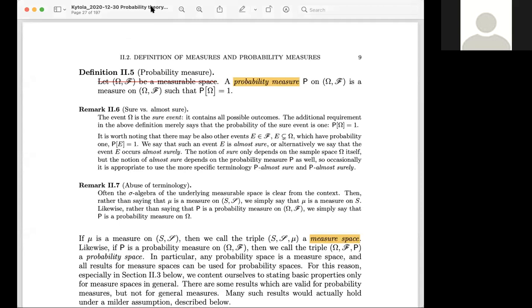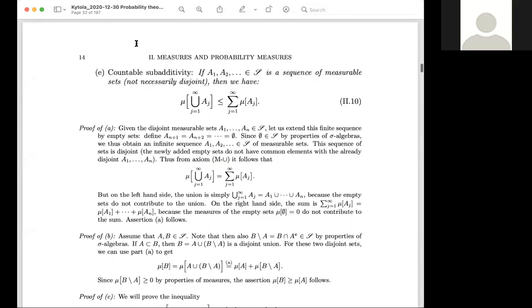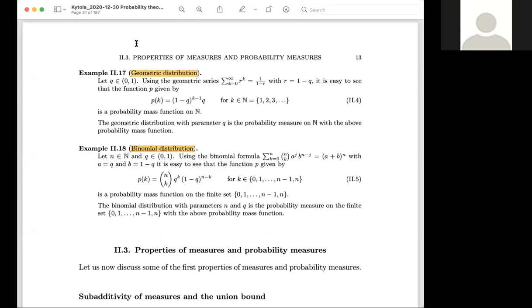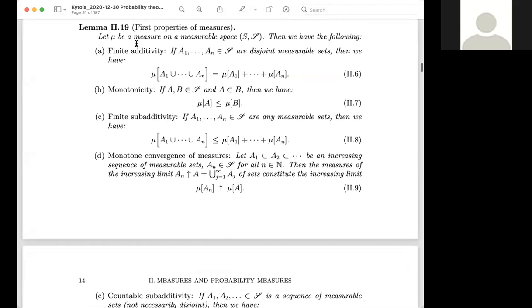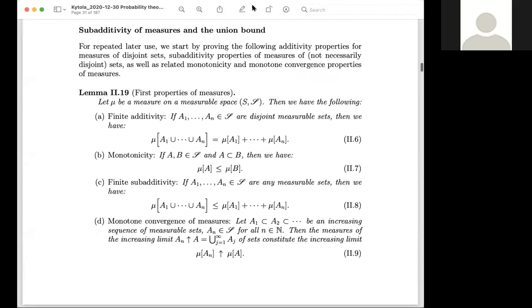We'll do another screen share. And we conclude that we have now proved Lemma 2.19, first properties of measures.